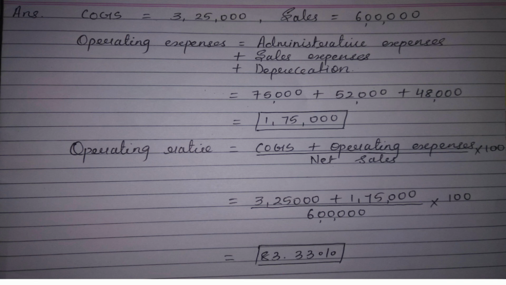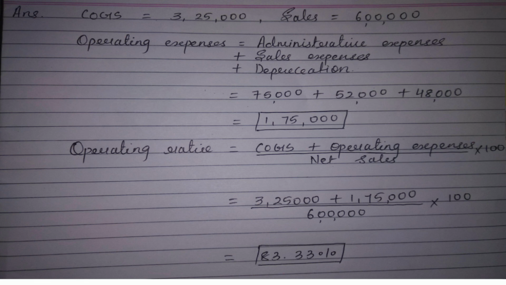So operating ratio equals COGS 3,25,000 plus operating expenses 1,75,000, as per our calculation, upon sales 6 lakh as given in the question, into 100, and the answer obtained from this calculation is 83.33%.